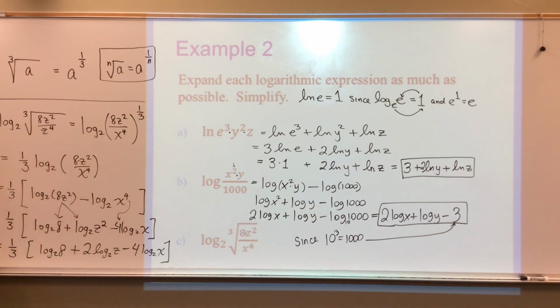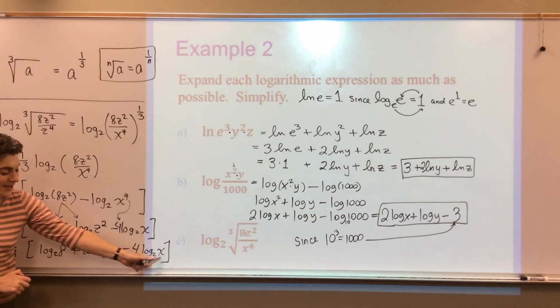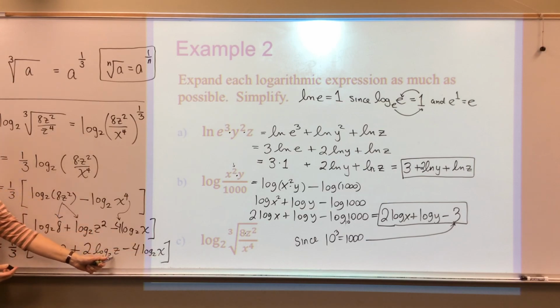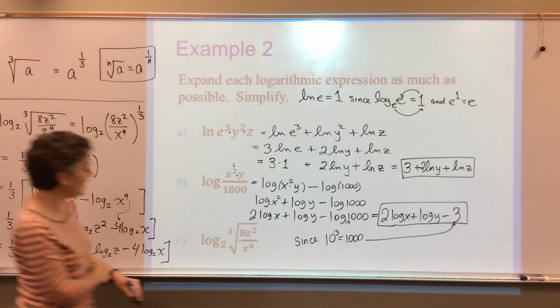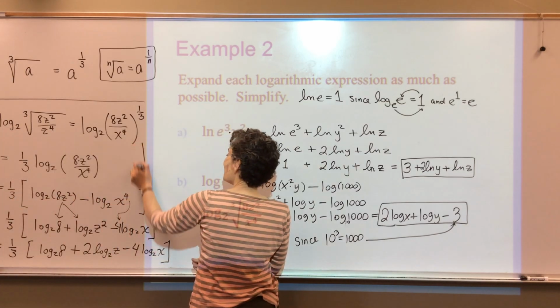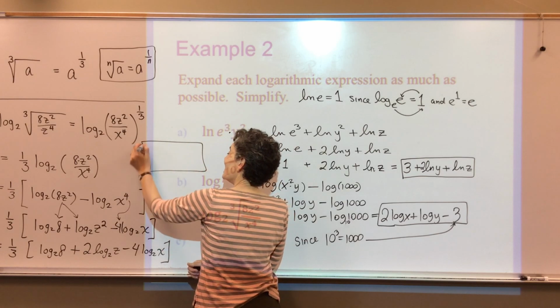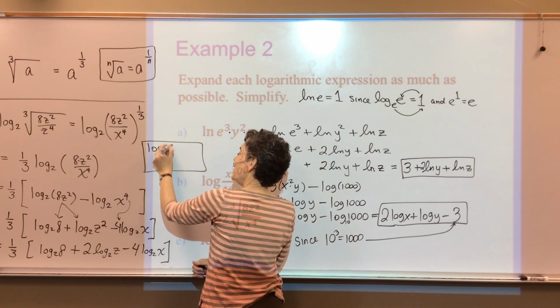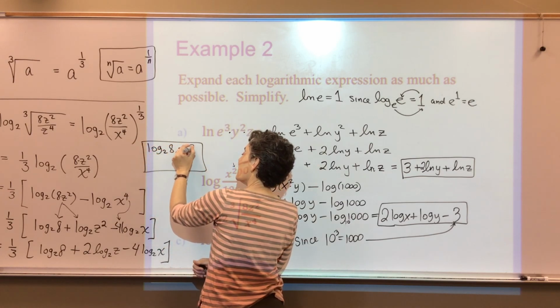Okay, looks pretty good. As before, expressions that are log of a variable can't be simplified because we don't know the number value of the variable, but this isn't a variable, it's just a number, so maybe we can simplify that. Log 2 of 8, let me work on that over here. Just put it in its own little box. Log 2 of 8 equals what number?